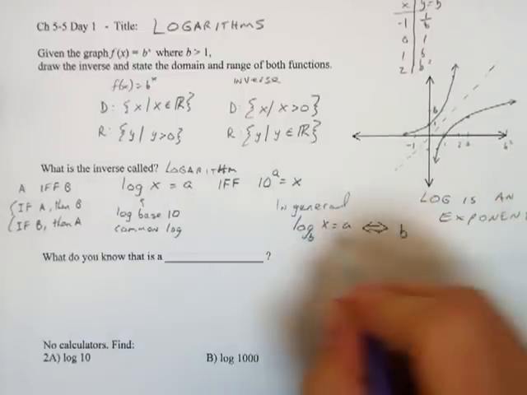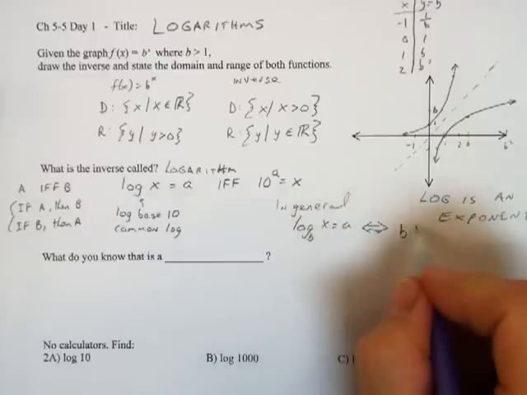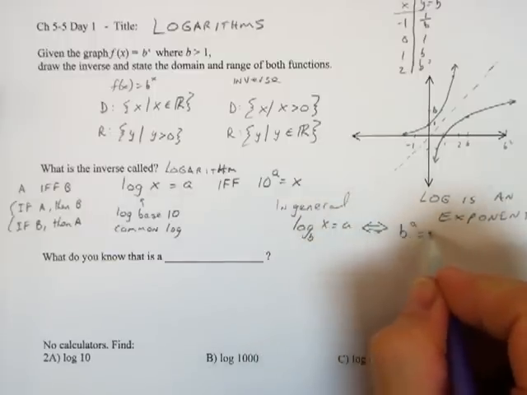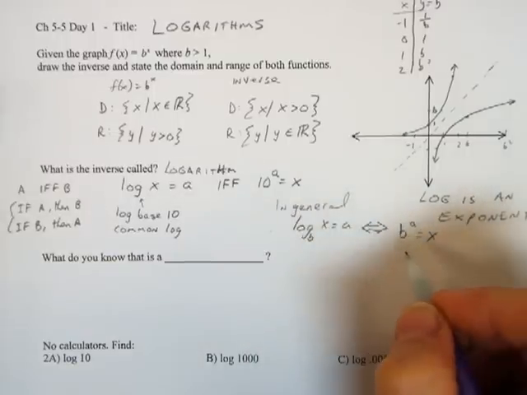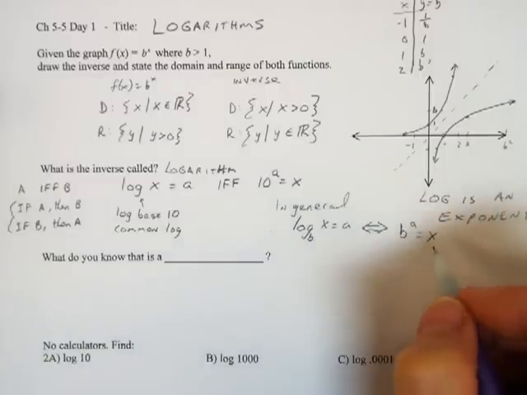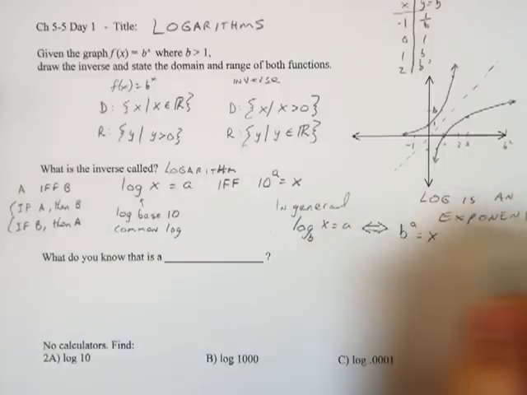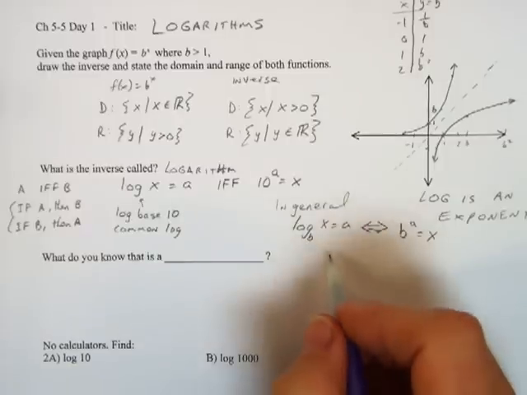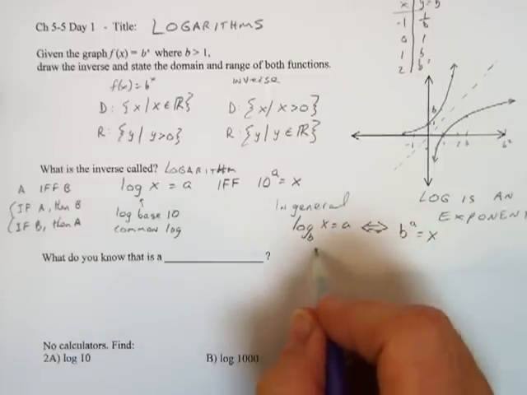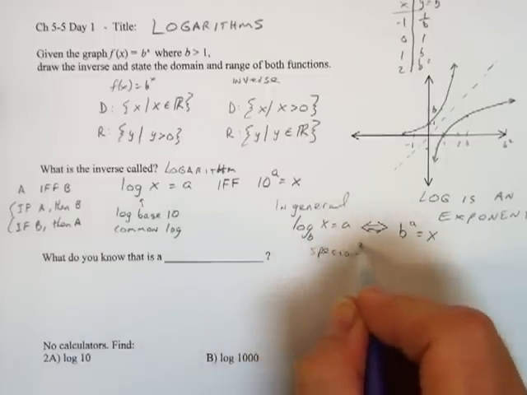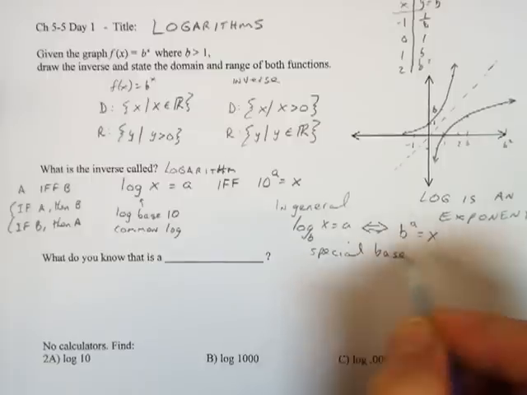Remember, a log is an exponent: b to the a equals x. So this gives us a way to transform any log or exponential into the other one. Now there's a special base, and the special base is e.